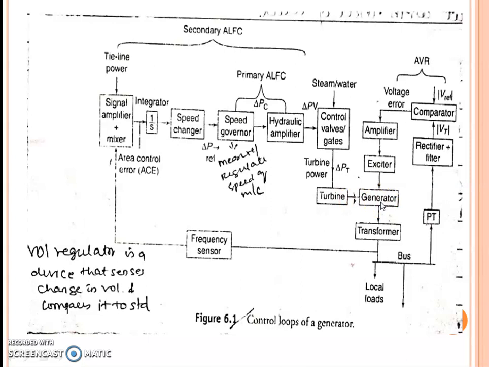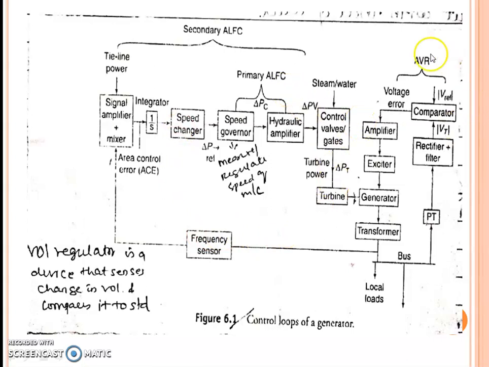The generated power is given to the transformer, and in turn fed to the bus to feed the local loads. If you want to sense the frequency, the output from the transformer is fed back to the signal amplifier plus mixer with the help of the frequency sensor. So this is the ALFC loop.